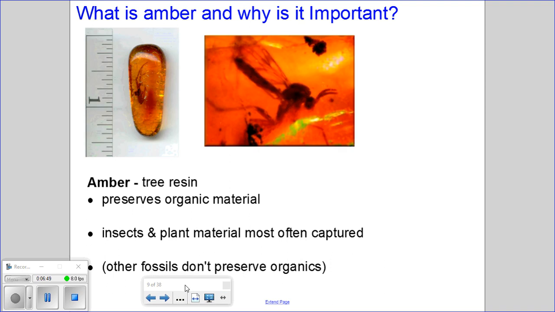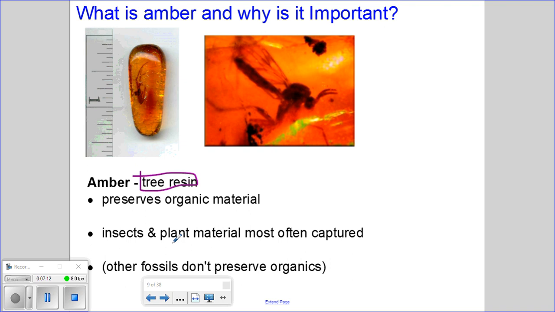Another type of fossil is in the form of amber. Amber is basically preserved or hardened tree resin, and it can preserve organic material. And often with that petrified tree resin, insects and plant material are most often captured within it.